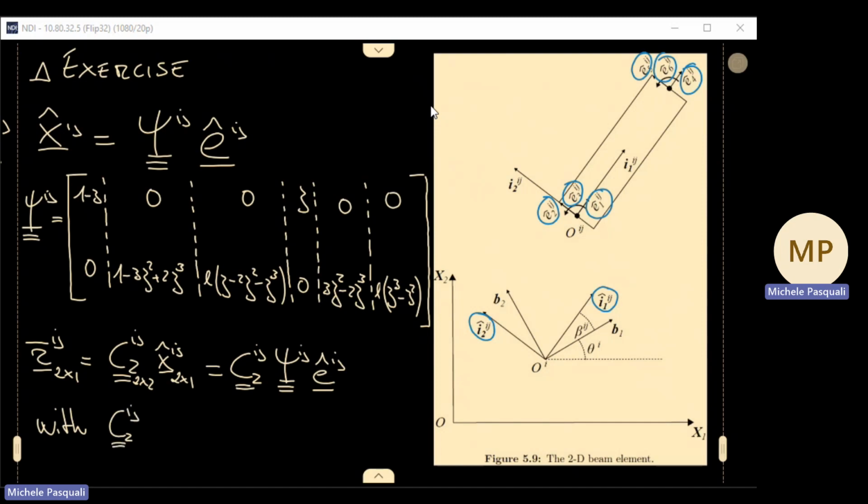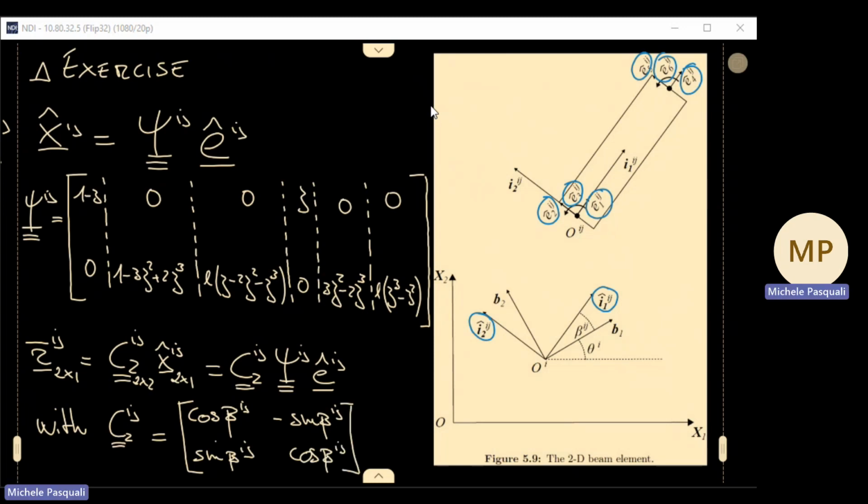Again, it's just a 2D rotation matrix of the angle beta: cosine of beta ij, minus the sine of beta ij, sine of beta ij, cosine of beta ij.